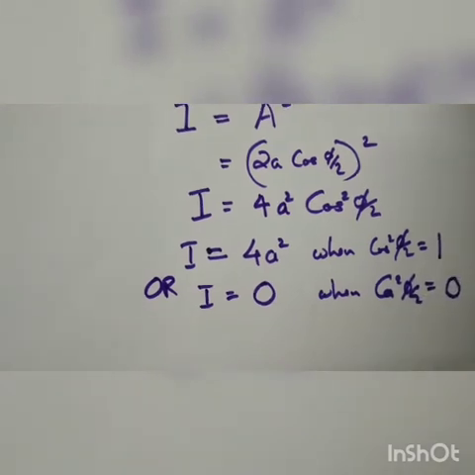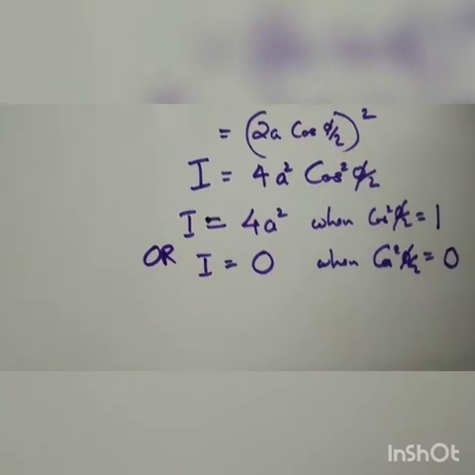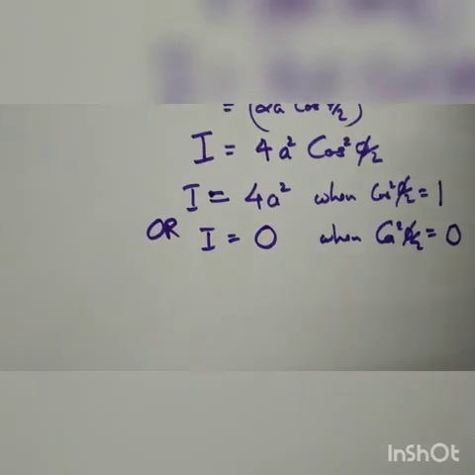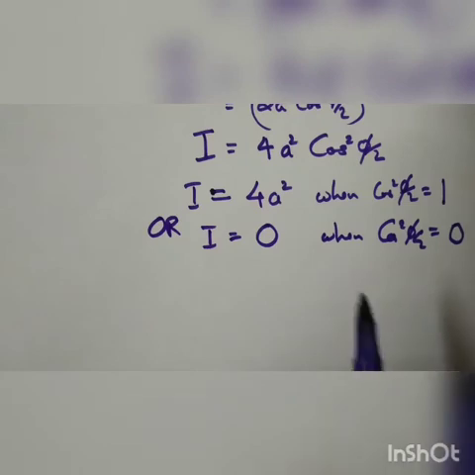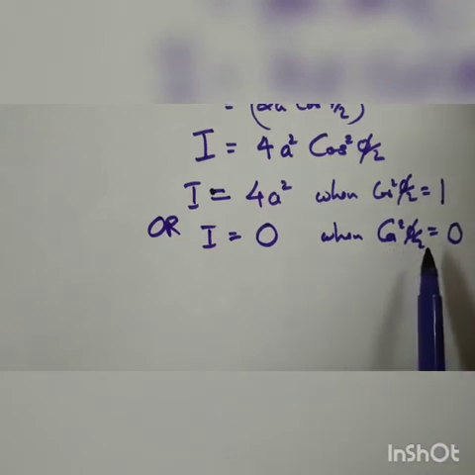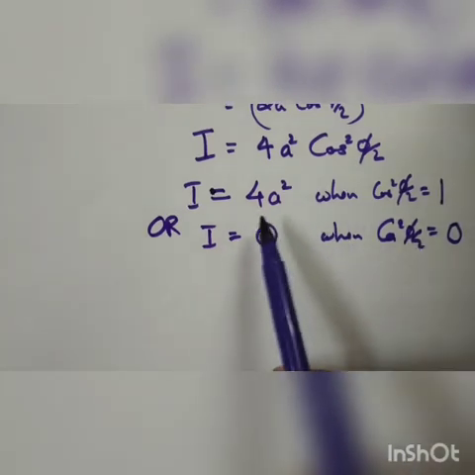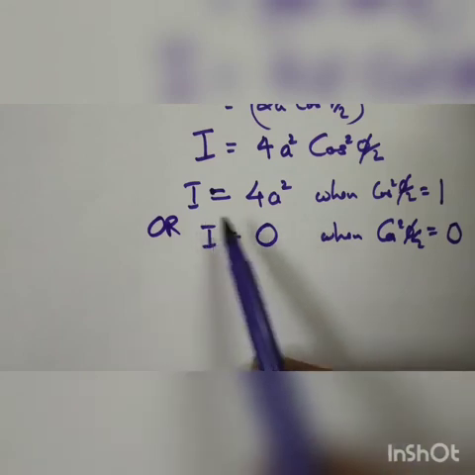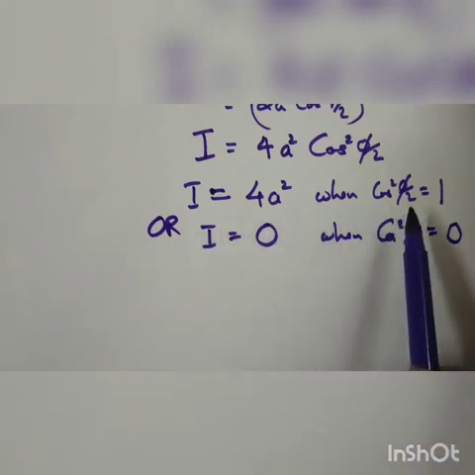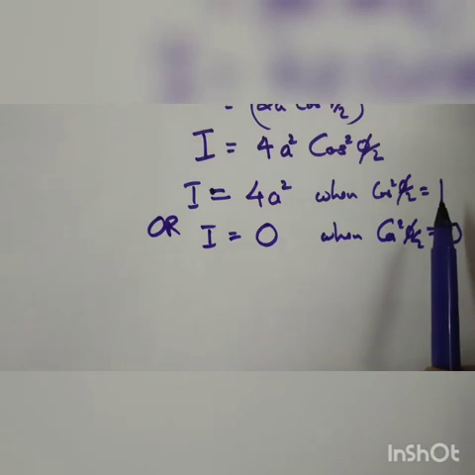Okay, this is a very important conclusion. So, the wave will have 0 displacement when cos square 5 by 2 equals 0 and maximum intensity, that is I equals 4a square when cos square 5 by 2 equals 1.